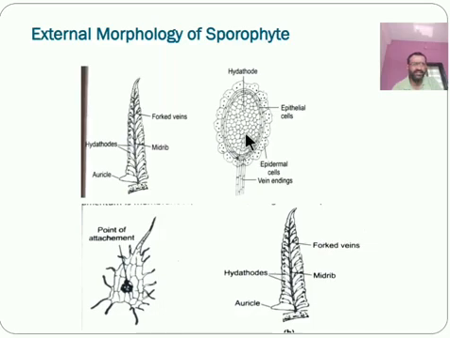Centrally, this is the hydathode, made up of parenchymatous cells surrounded by 2 to 3 layers of rectangular elliptical cells. These cells of the hydathode are hygroscopic in nature, and they are also called water stomata.